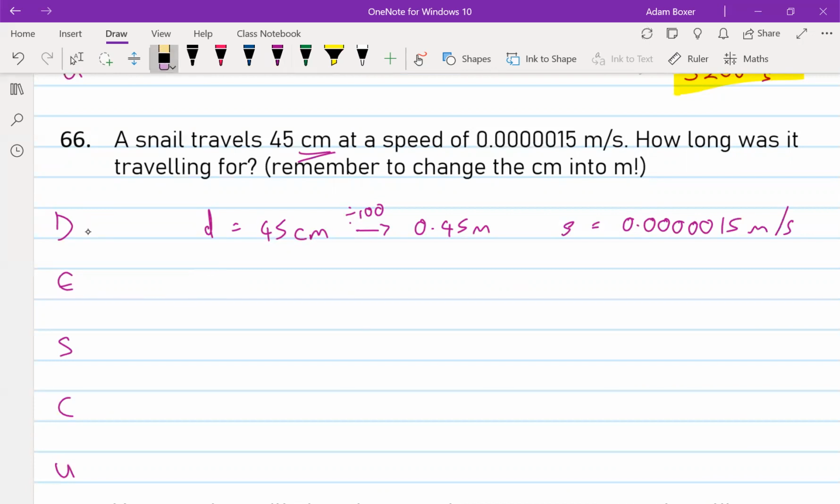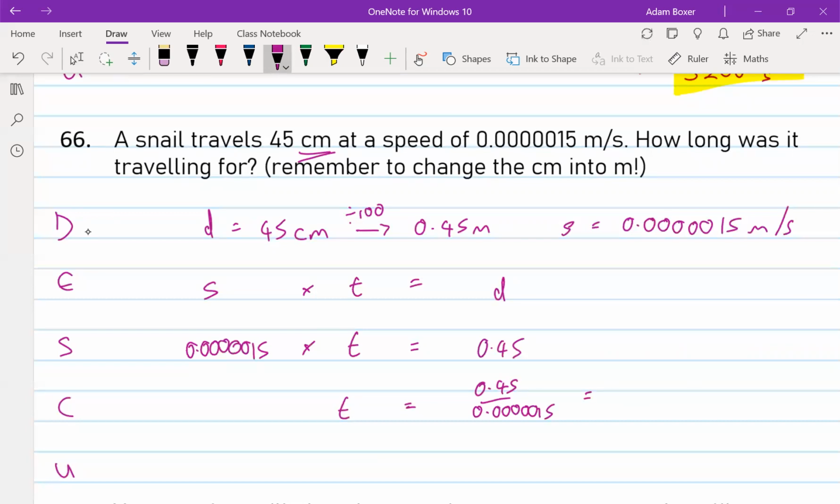Oh, sorry, I forgot to write the equation. How many zeros is that? 5. So we get unit, because it's time, is 3.